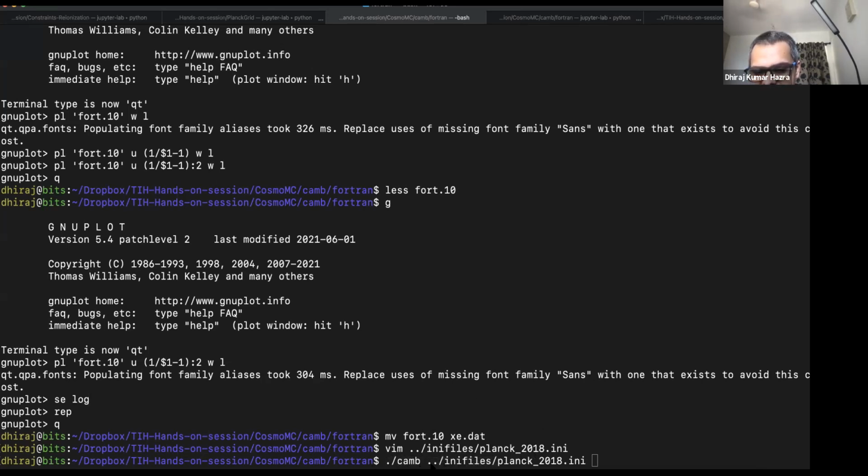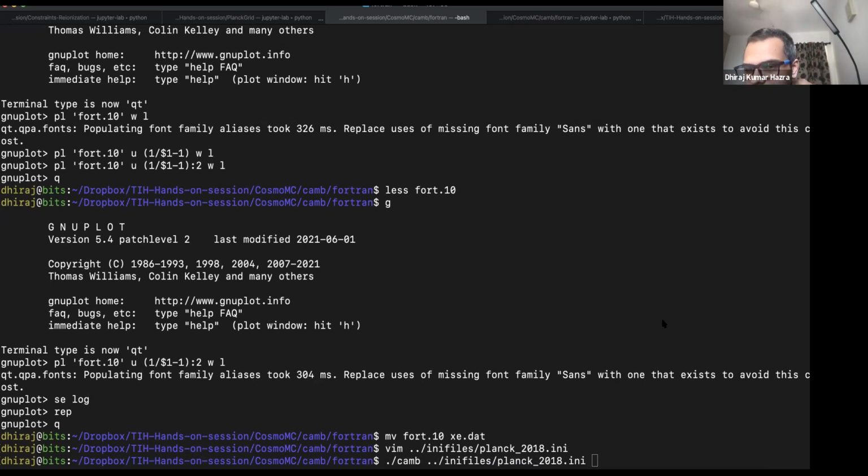As you see, ./camb /init files /plank 2018 plank_2018.ini. So you are asking CAMB to run the Boltzmann equations and compute the CLs using the primordial power spectrum, using all the values that are there in the INI files. That is the initialization file.